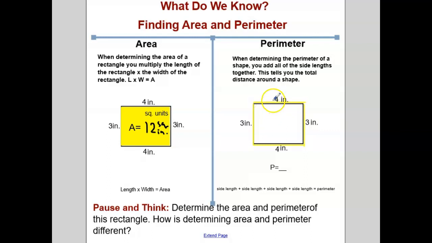You're exactly right. 4 plus 4 inches is 8 inches, plus 3 more inches is what? 11 inches, plus 3 more is 14. We don't measure perimeter in square units since it's just the distance around the outside. So I would just say 14 inches because it's just referring to a length. Fantastic.